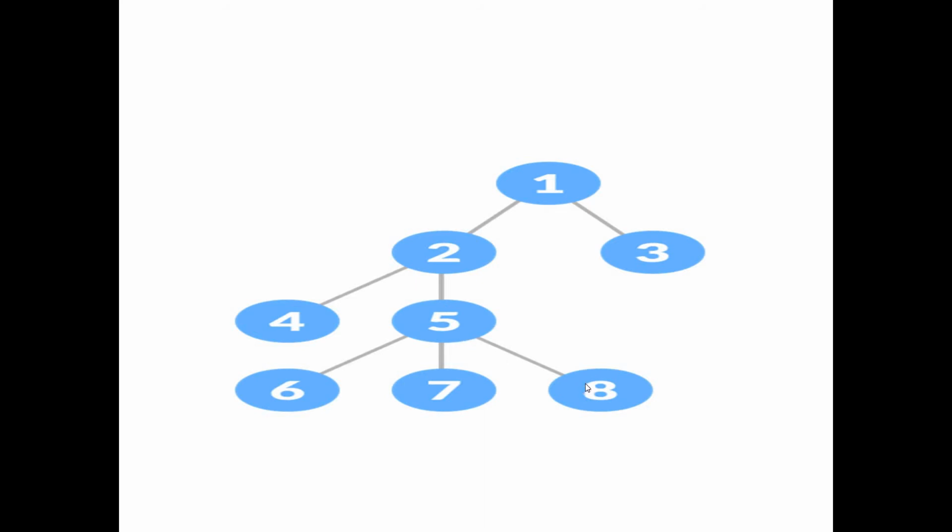So a sequence of consecutive edges is called a path. 1 to 2, 2 to 5, 5 to 6 is another possible path. So lots of paths are possible. Again, I repeat: 1 to 2, 2 to 4; 1 to 2, 2 to 5, 5 to 7; 1 to 2, 2 to 5, 5 to 8; 1 to 2, 2 to 5, 5 to 6; and 1 to 3. There are lots of paths, but we take a sequence of consecutive edges.